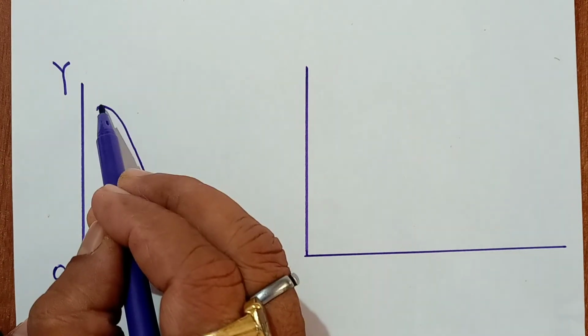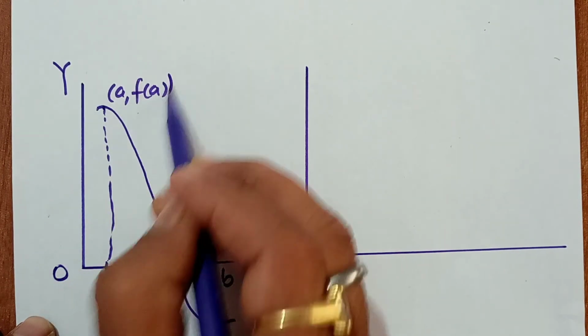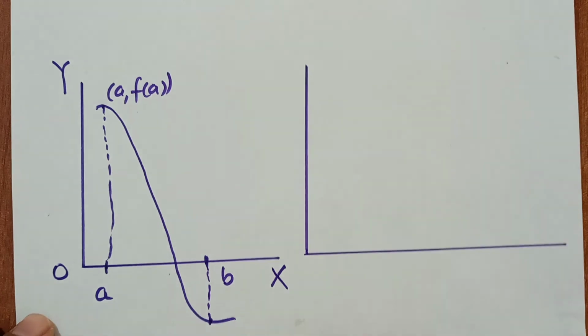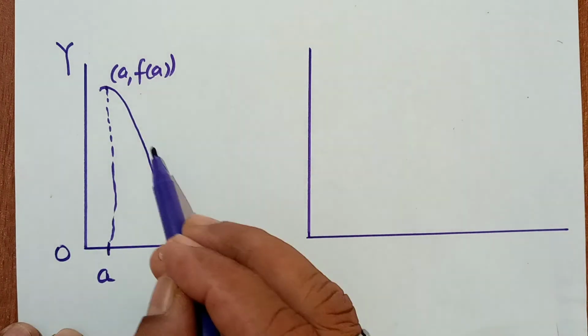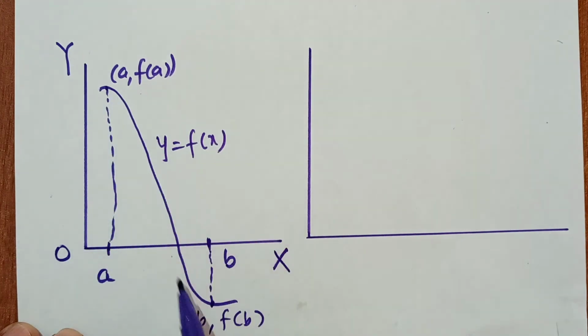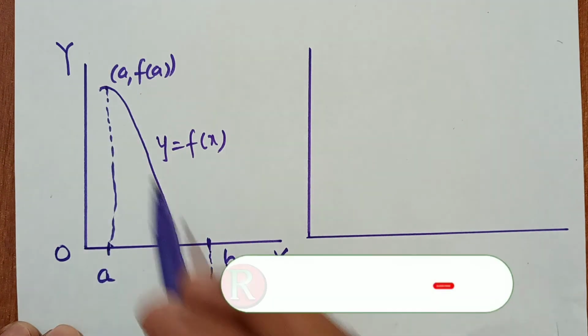So the coordinate of this point is (a, f(a)), and since this is b, the coordinate of this point is (b, f(b)). Since this function f is continuous, this is y equals f(x), continuous in the closed interval [a, b], and f(a) is not equal to f(b).